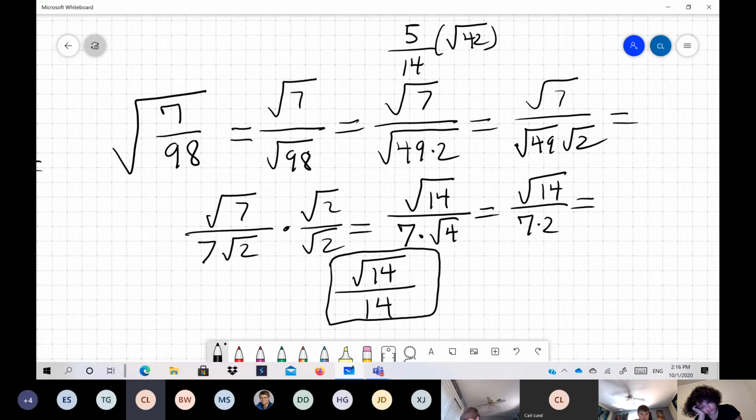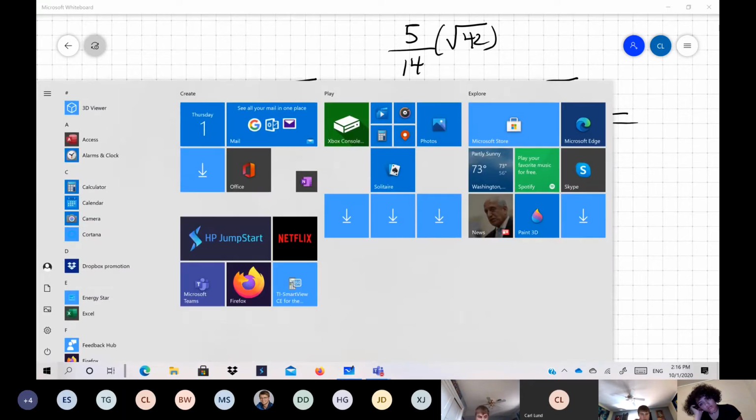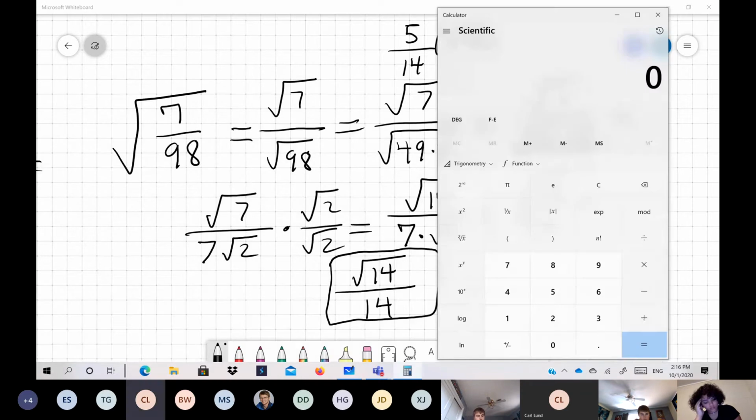I want to actually also show you how to check this on your calculator. I should add that some fancy calculators will keep square roots as square roots. You should be aware that in most math classes at Iowa Lakes, those super fancy calculators aren't allowed.